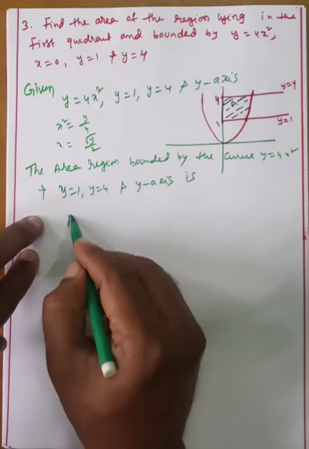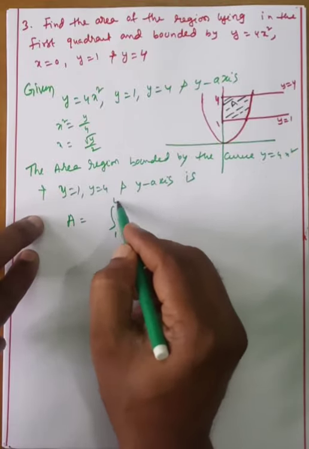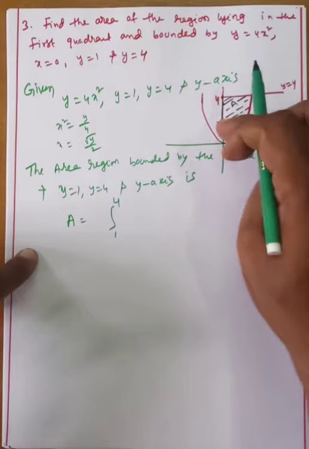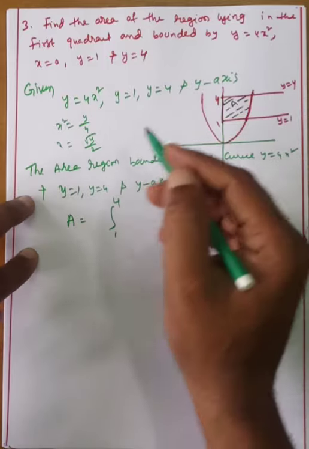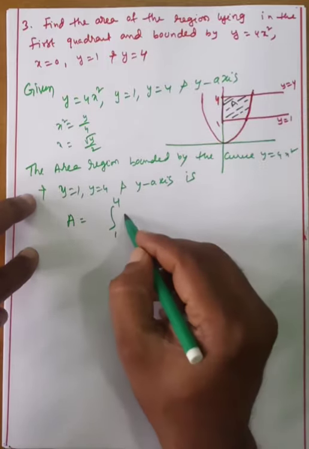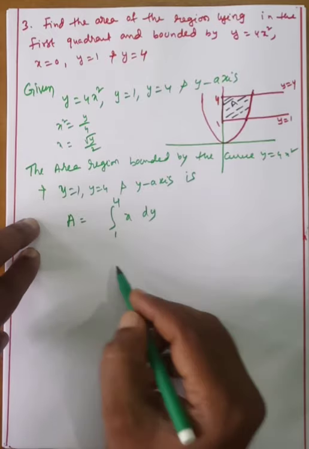There is no need to write the points of intersection, since everything is already given. Whenever you take y values, a function in terms of y, you write x dy with respect to y.